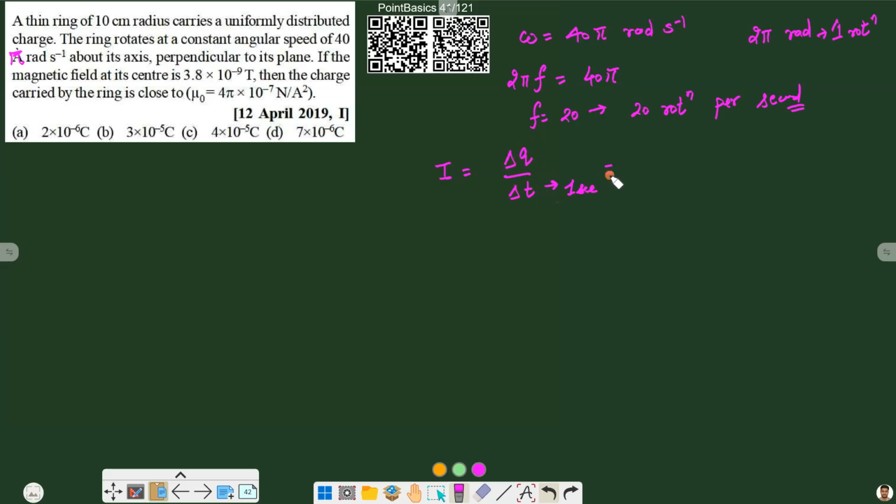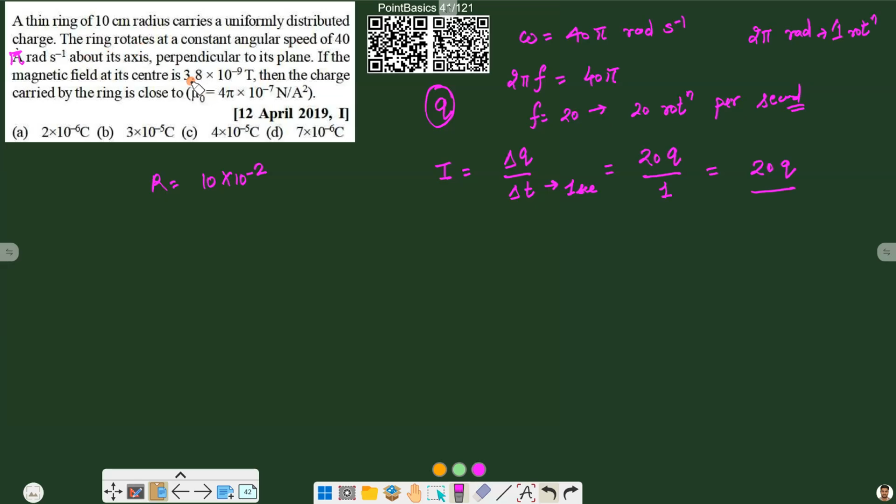Assuming we have a Q charge, it is taking 20 rotations per second. So total charge flowing in 1 second is 20 times Q. So current comes out to be 20 Q. Radius is already mentioned, 10 centimeter or 10 raised to power minus 2.